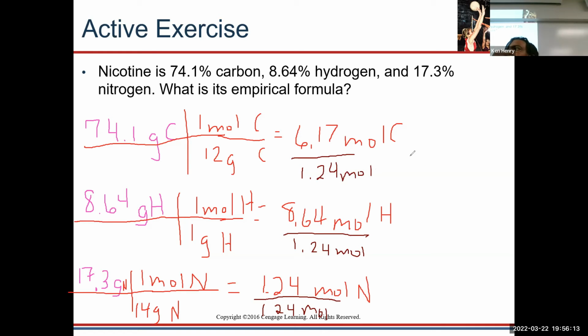Okay, so let's do that math. What are we getting for carbon? You said 5.02, so that's approximately 5. So we got 5 carbons.